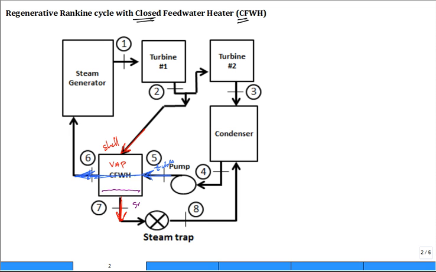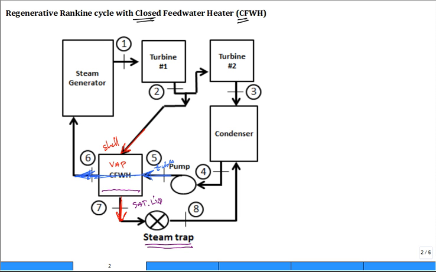It'll be a saturated liquid, and then you need to do something with that saturated liquid. In this case, the saturated liquid needs to be returned into the fluid stream. So there's a pressure drop from 7 to 8 across what they call a steam trap. The steam trap is a device that only allows liquid to go through. What it basically does is it senses the liquid level behind it.